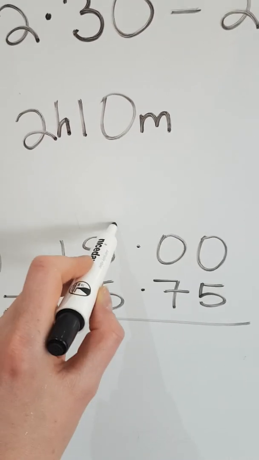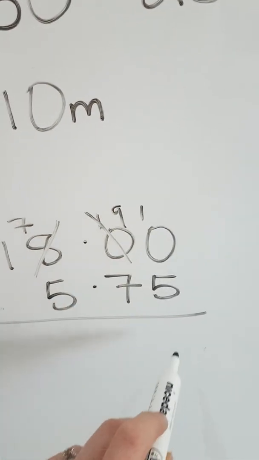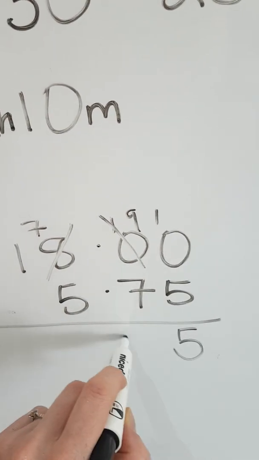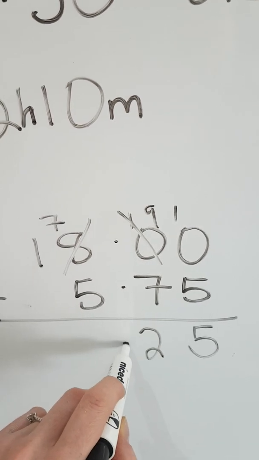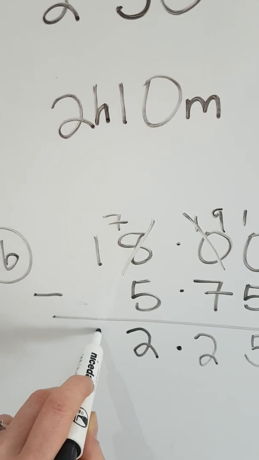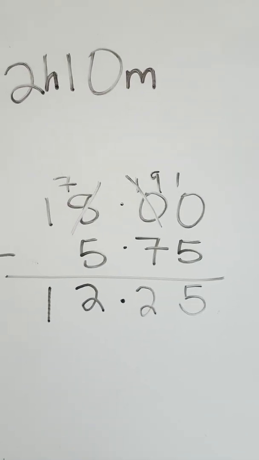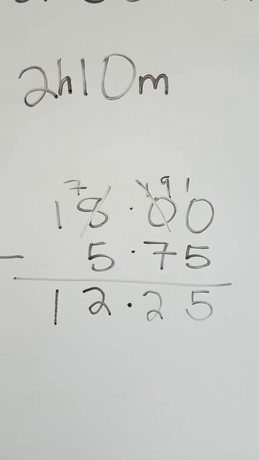So we can't take here, so we're going to have to go over and borrow. So 10 take 5 is 5, 9 take 7 is 2, bring down my decimal, 7 take 5 is 2, and 1 take away nothing is 1. Okay, so now I have to take away the next part, which was 3.25 meters.